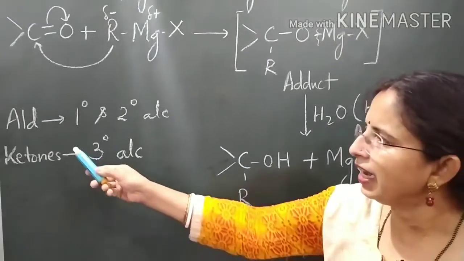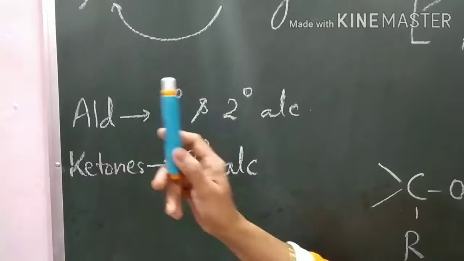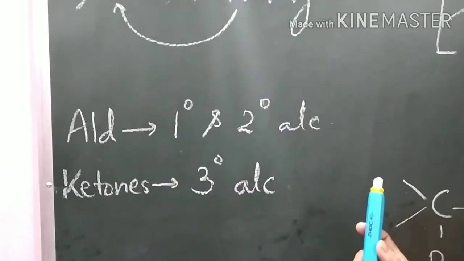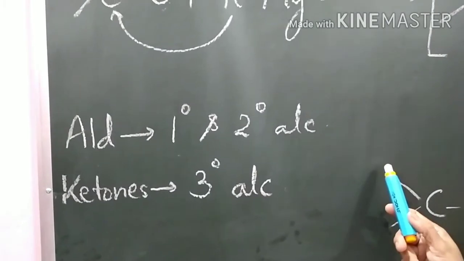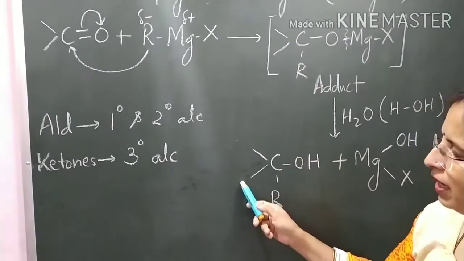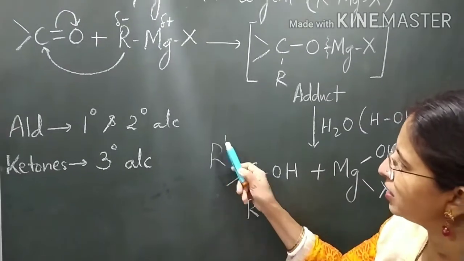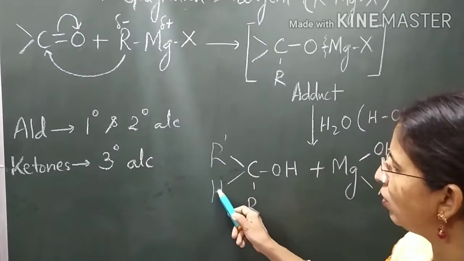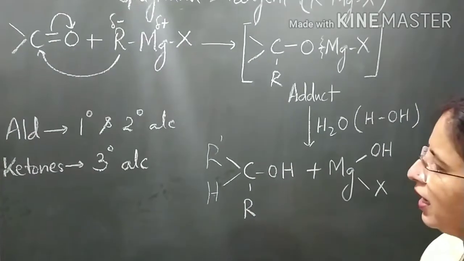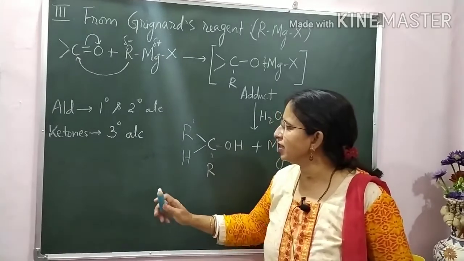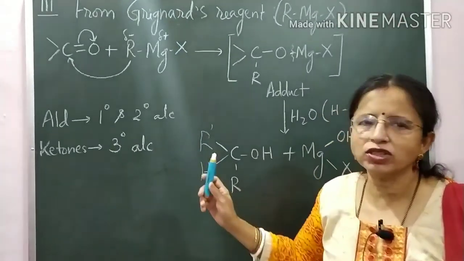So aldehyde, when reacting with Grignard's reagent, can give primary or secondary alcohol depending on this R group and these empty hands which are left out. If there is also some R dash, suppose, and here it is hydrogen, then it is going to give secondary alcohol. But ketones react with Grignard's reagent always to give tertiary alcohols.